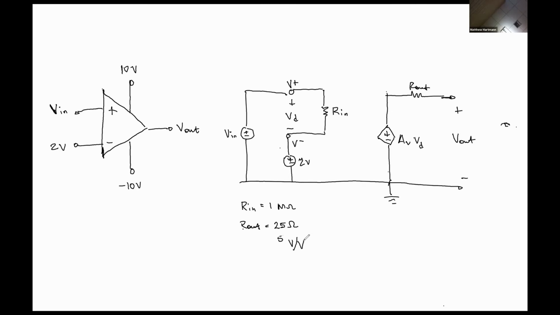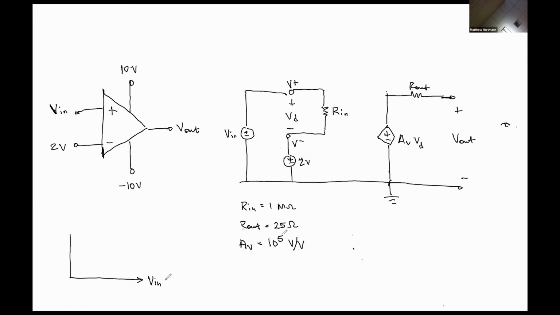And I want to figure out how the output of this system behaves as we swing the input voltage from 0 volts to 5 volts. Okay. So my goal here is we're going to plot Vout versus Vin, okay?